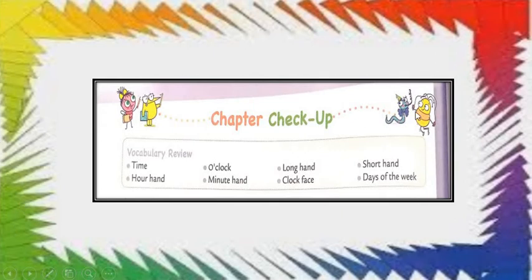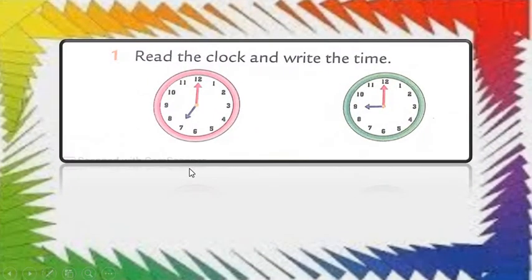Now, we are going to solve the exercise from chapter checkup. Read the clock and write the time. Everyone, first draw the clock.